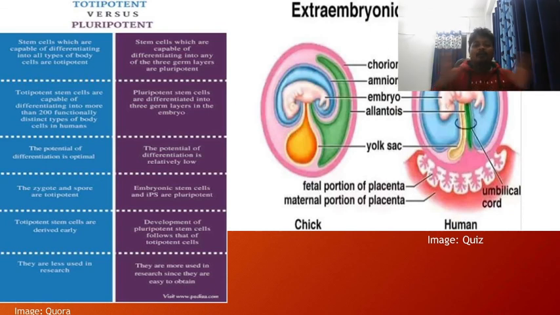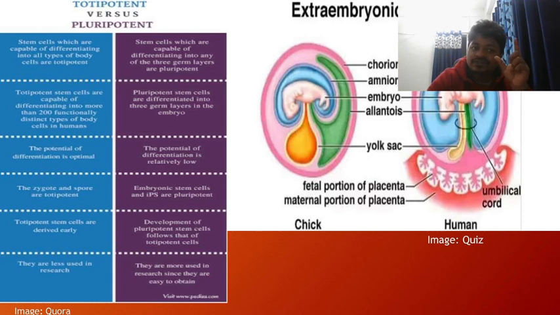If you compare totipotent stem cells versus pluripotent stem cells, you can see a clear difference. Totipotent stem cells are capable of differentiating into all types of body parts, and pluripotent stem cells are capable of differentiating into only the three germ layers.